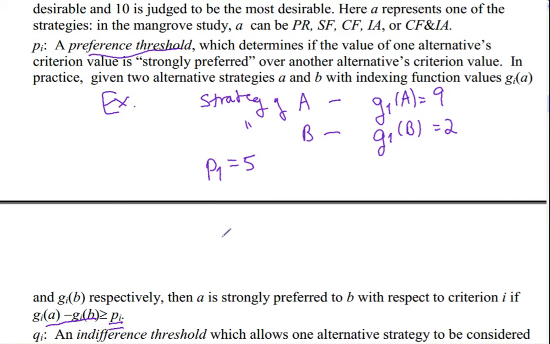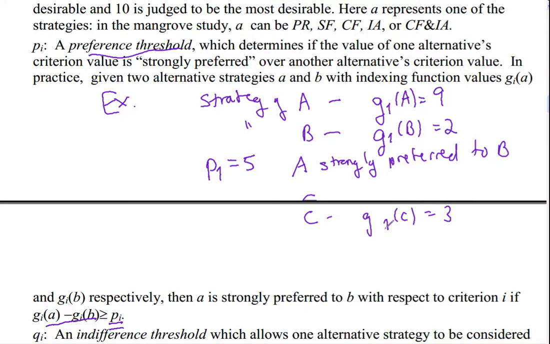That means that alternative A is strongly preferred to B. Now, if I also had C, where G1 of C is equal to 3, and I still have P1 equal to 5, because the difference between G1 of A and G1 of C is bigger than 5, I would still say that A is strongly preferred to C.